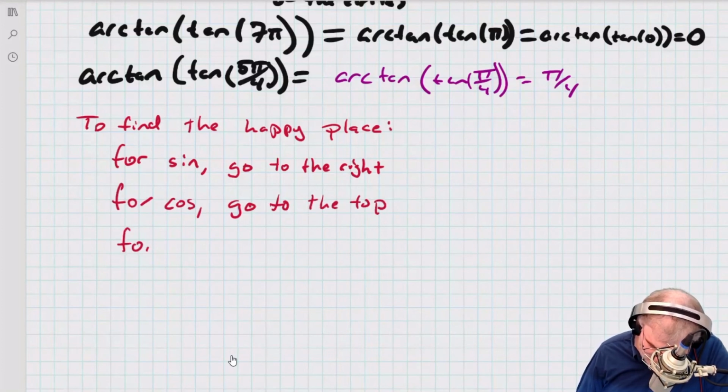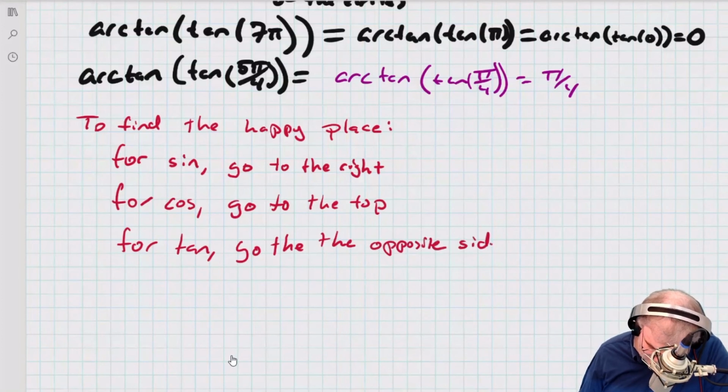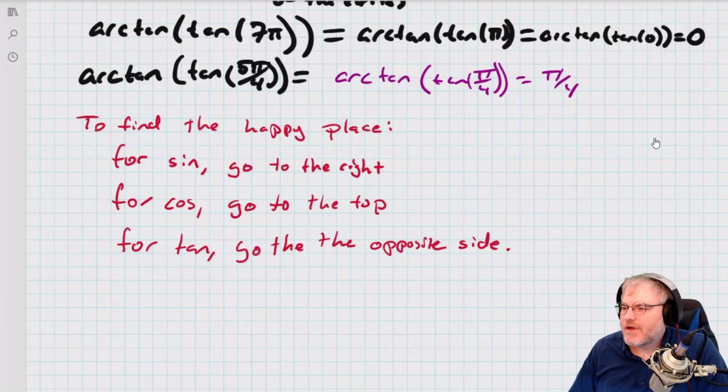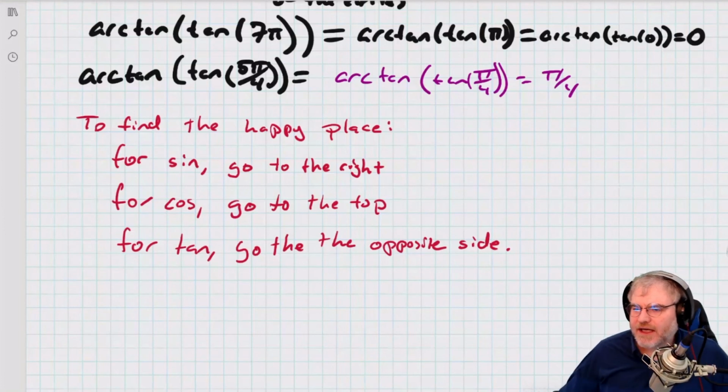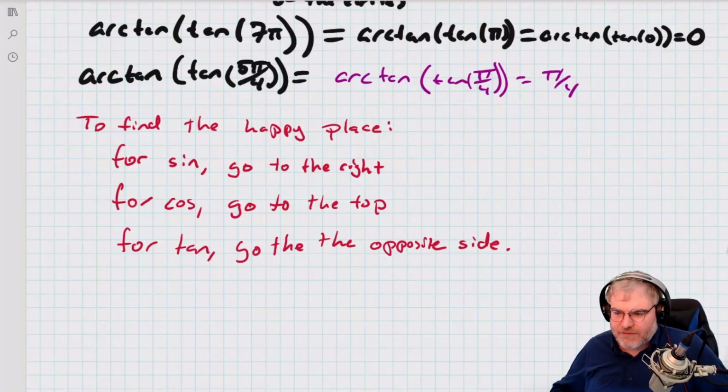For tangent, go to the opposite side. Okay. So 1 to 5, and I know that's a very brief review of the pre-calc that not everybody remembers, because it comes at a time in pre-calc that's kind of annoying. But to find this happy place equivalent, what I do is I go the opposite.